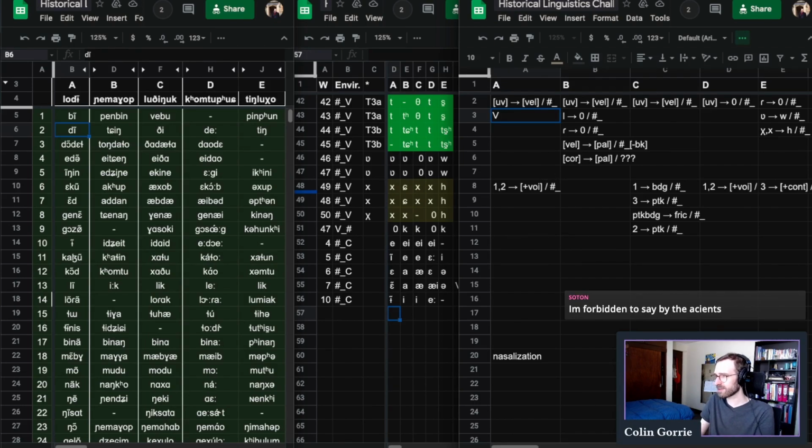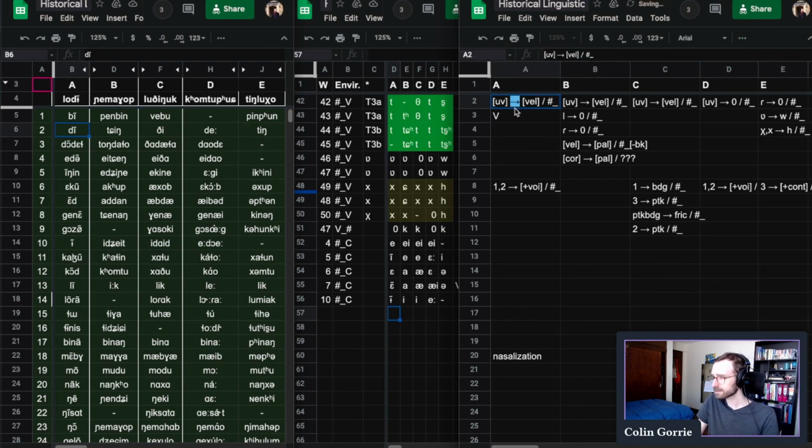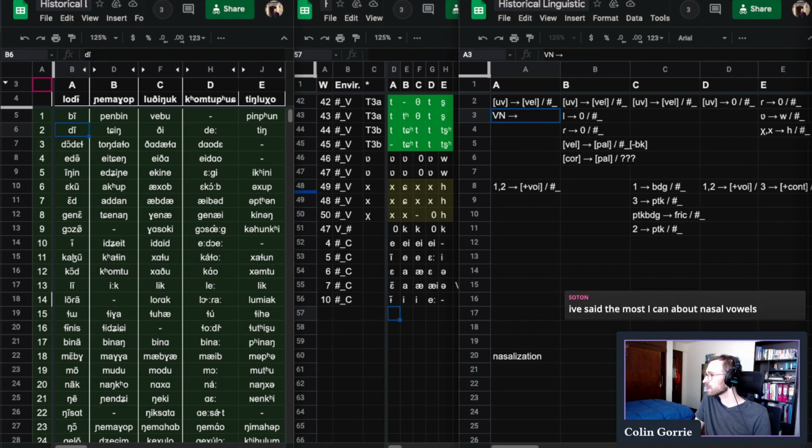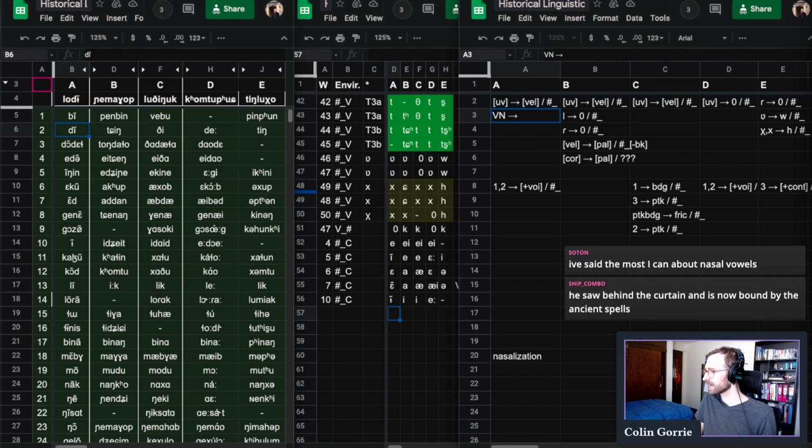Okay, so let's write a little rule that says a vowel to vowel nasal will become a nasalized vowel. Can I write this using this fancy ipa.typeit.org? I do not know. Where's my nasalization diacritic? Here.